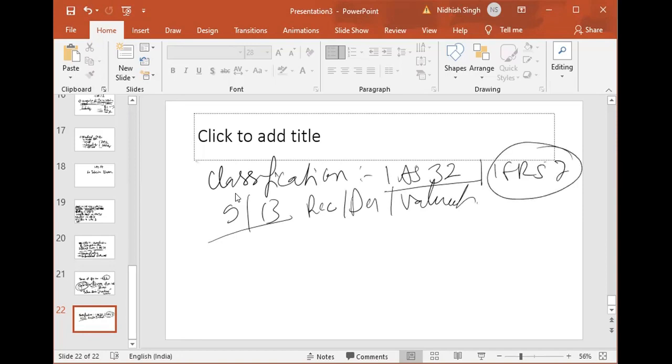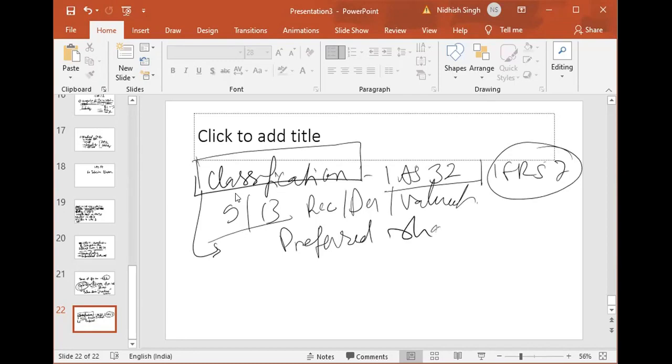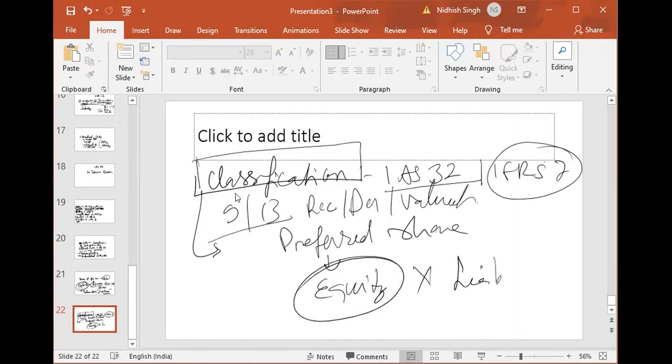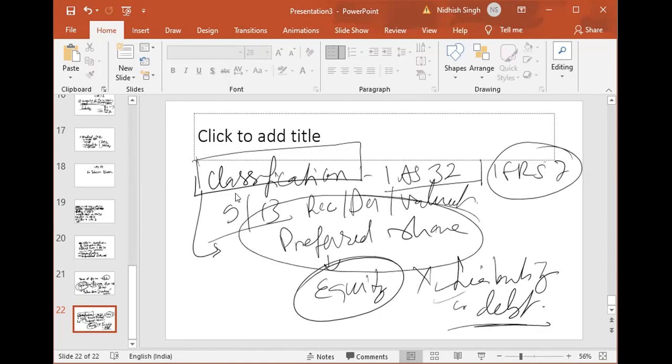What do I mean by classification then? Let me distinguish this first. Imagine you have a preferred share. Generally, many people think that it is equity. IFRS says no, this is a liability or a debt, because the inherent nature of the preferred share is of a liability or a bond that you have issued.